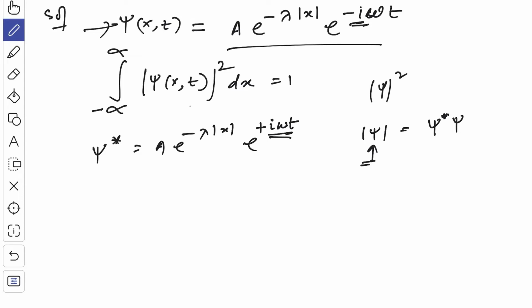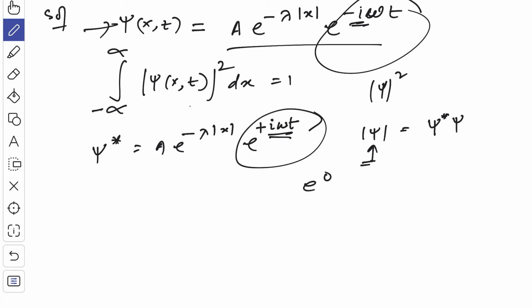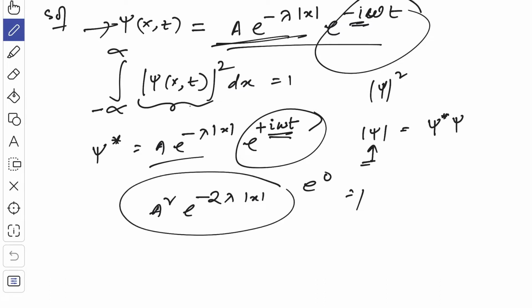If you multiply these two, then these two terms will give e to the power 0, hence equal to 1. So the product of these two is A square e to the power minus 2 lambda mod x. So instead of this we can write this term.